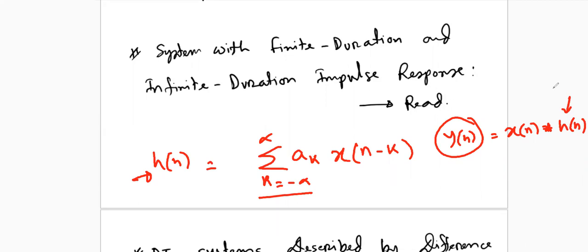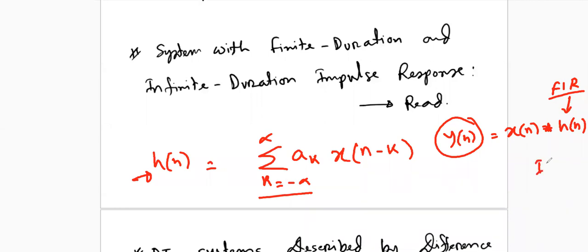Now, if your impulse is a finite element, finite duration impulse response, FIR system, then it can be realizable from the mathematical point of view, because in computer, what you need to do in convolution, you need to do the folding operation, shifting operation, multiplication, and addition, and there are a limited number.